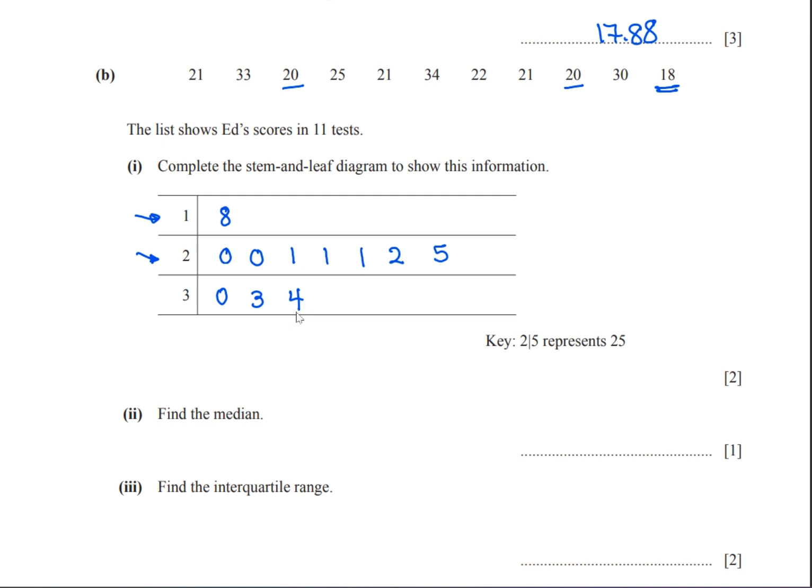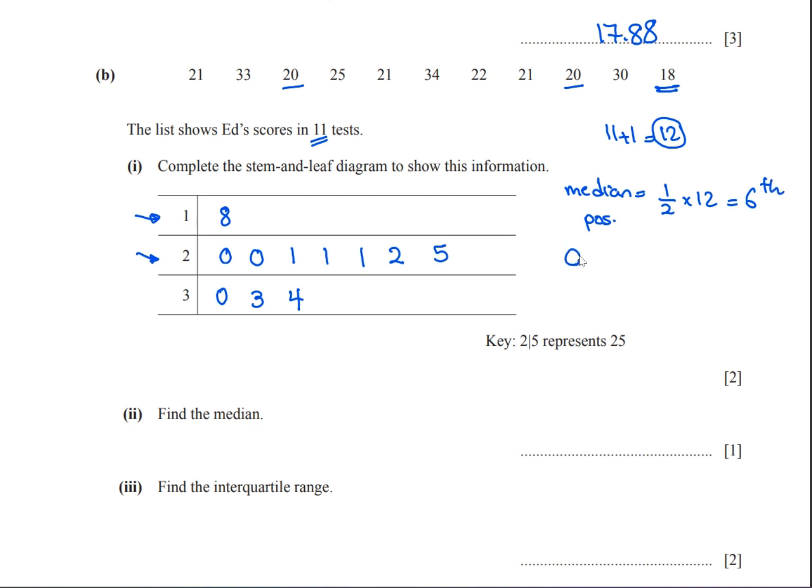Okay, then find the median. How to get the median? This is very important. If the number of tests is an odd number, add 1, it will become 12. Then how to get the median? The median position, not the median itself: multiply by half the number you got, which is the sixth.